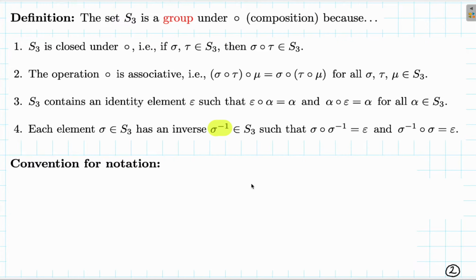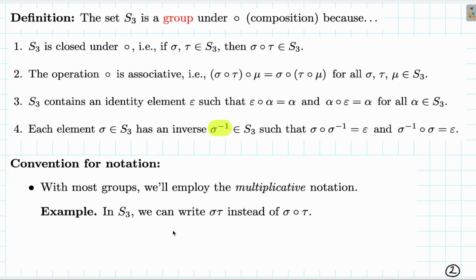Now here's a couple of words about the convention that we'll use. First, with most groups, we'll employ what's called the multiplicative notation. And so we'll treat as if these operations are just multiplication.